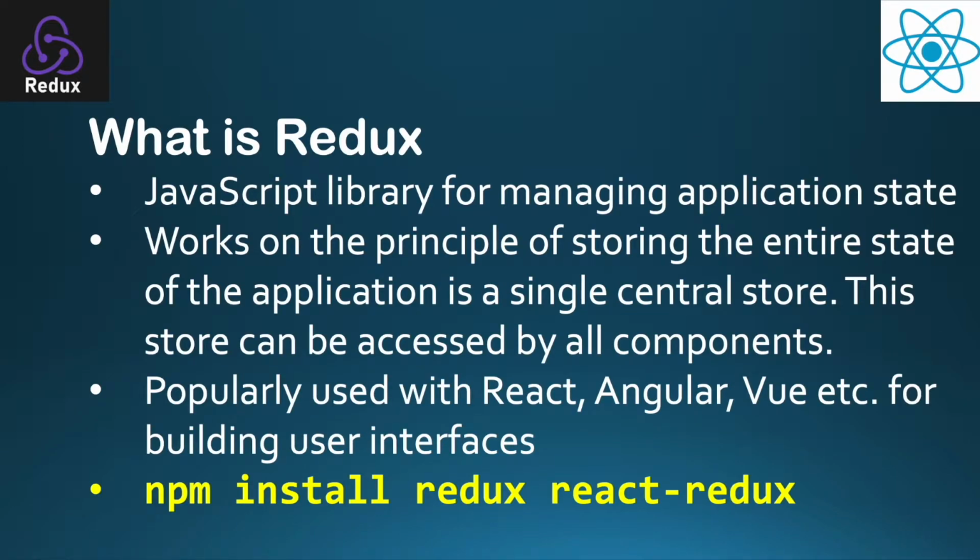So what is Redux? Redux is a JavaScript library for managing application state. It works on the principle of storing the entire state of the application in a single central store. This store can be accessed by all components.